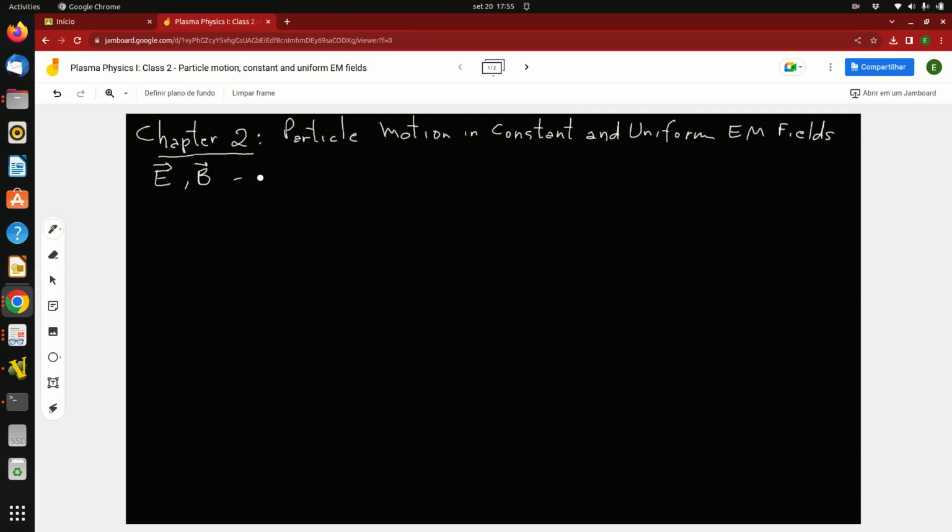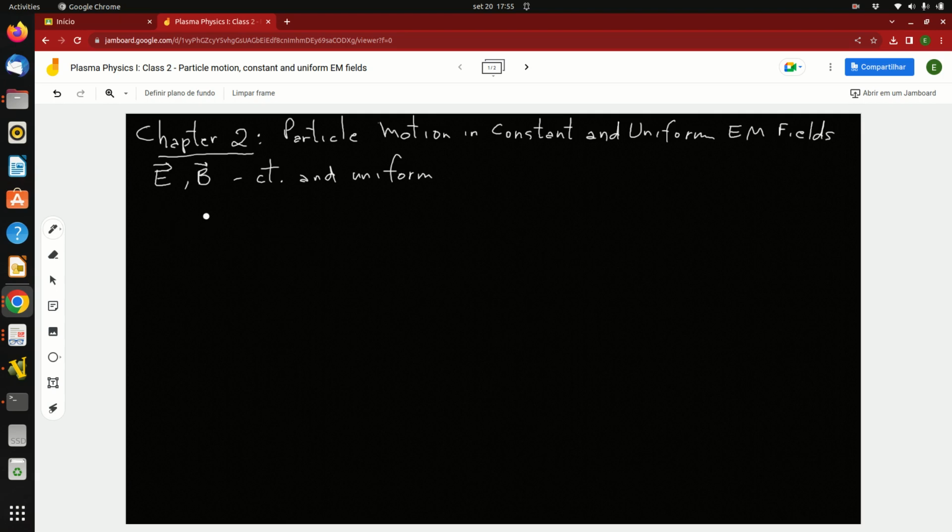That is, they are constant and uniform. That will be a not very realistic situation, but it's easier to understand the motion of charges in electromagnetic fields.